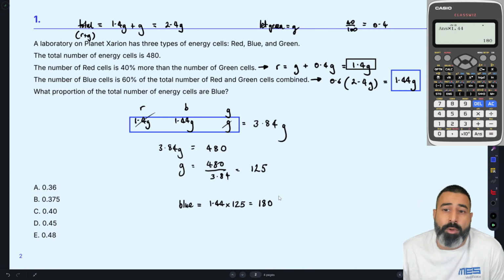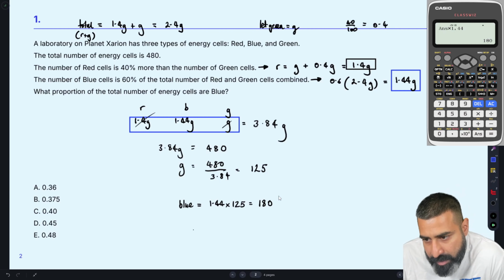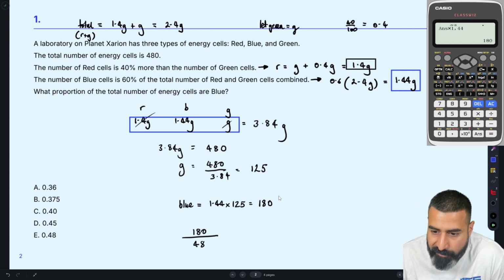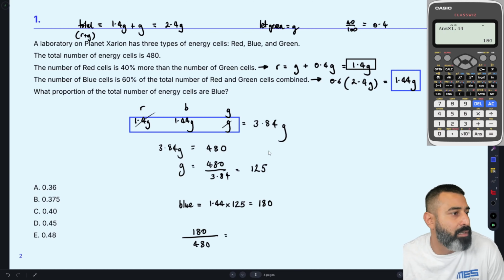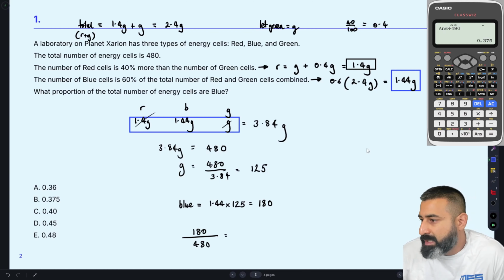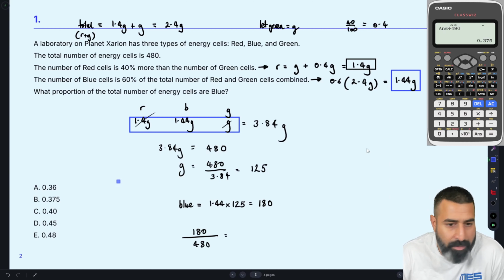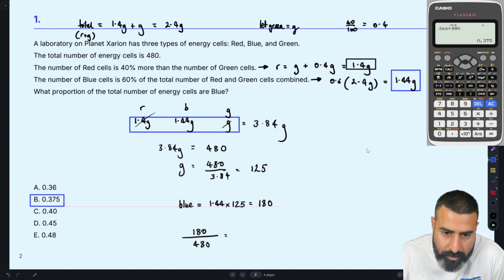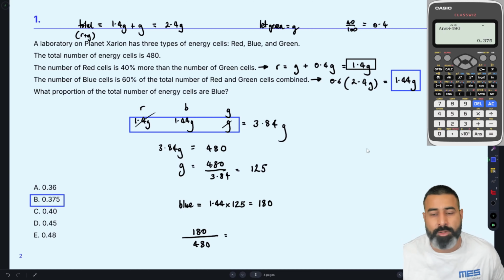Our blue, and we're asked for the proportion of the total number. So that is going to be blue divided by the total number, which is 480, which gives us 3 over 8, so 0.375. Bingo. Lovely question.